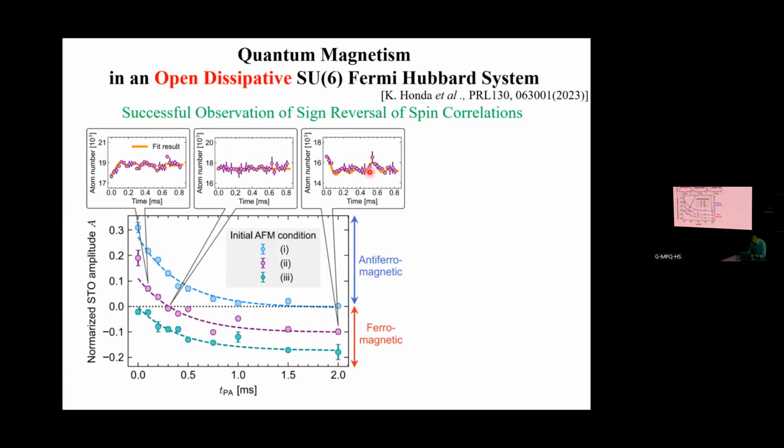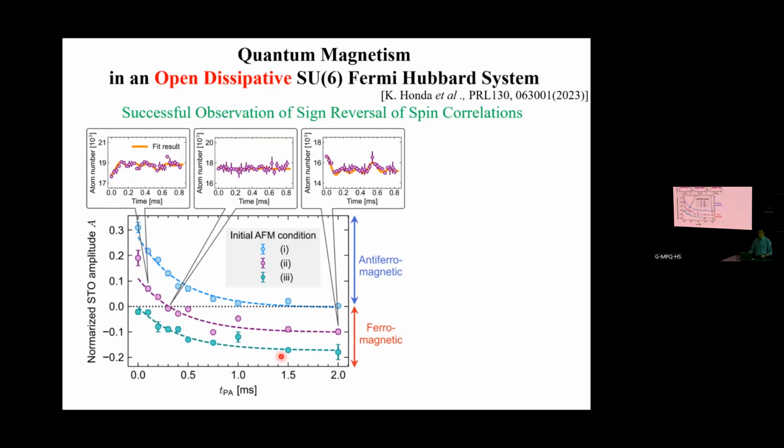We performed the experiment with three different initial conditions with different antiferromagnetic correlation. And for all these three cases, the spin correlation changes from the initial antiferromagnetic one to the ferromagnetic one.